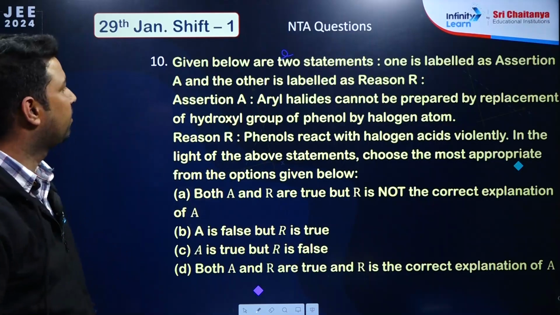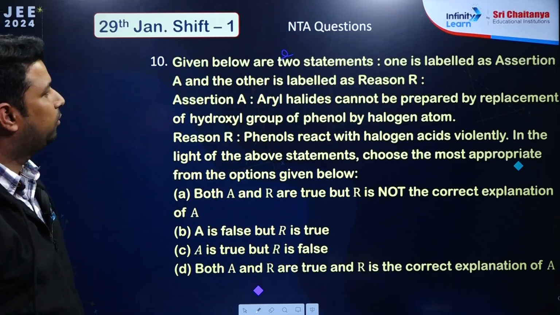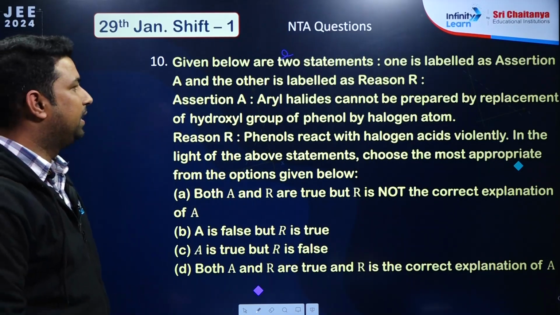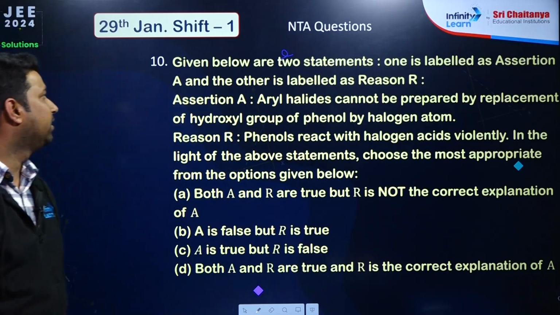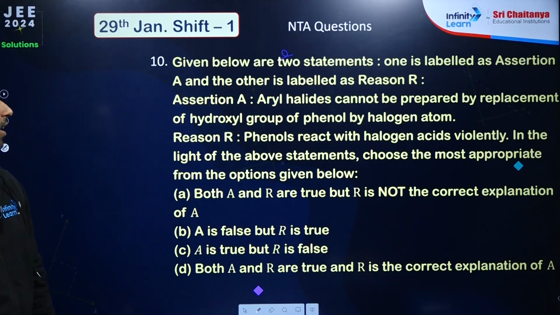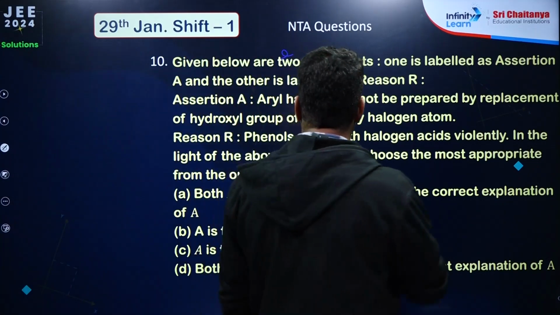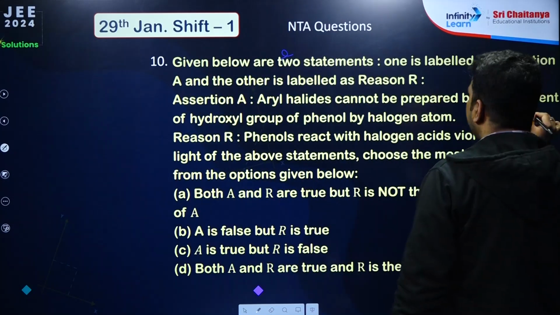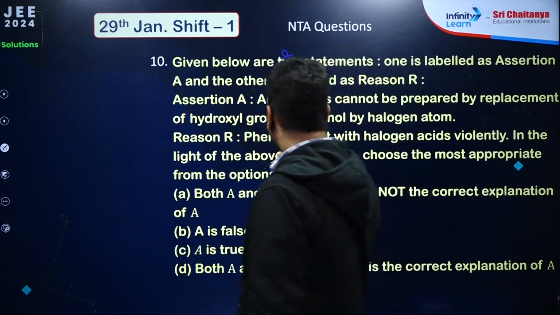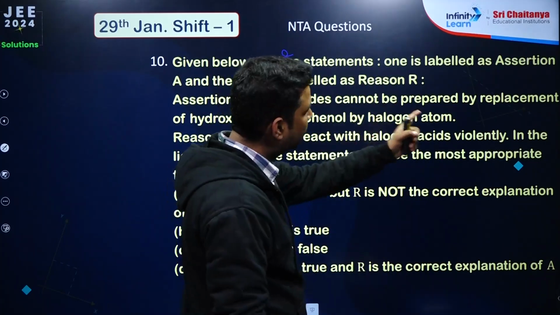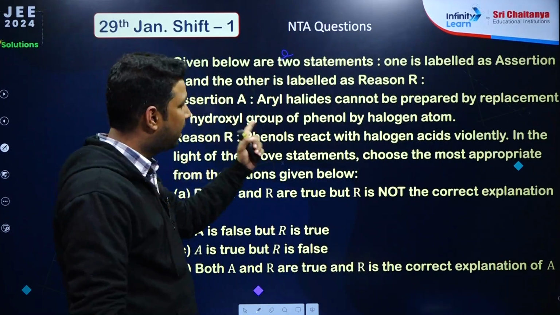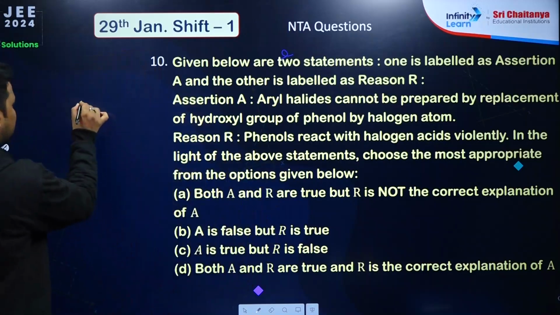Question number 10. Given below are two statements, one is labeled as assertion A, and the other is labeled as reason R. So the assertion says aryl halide cannot be prepared by replacement of the hydroxyl group of phenol. What is phenol?